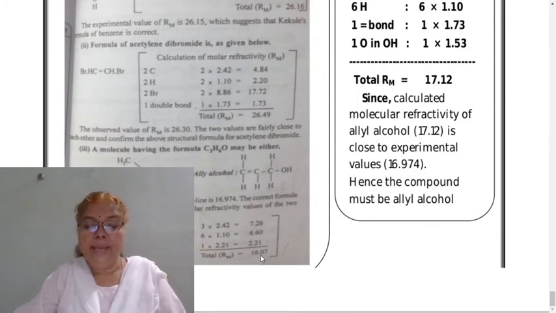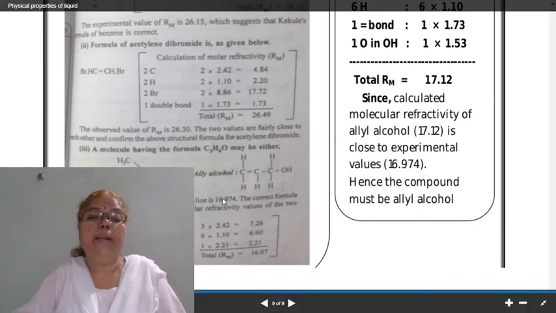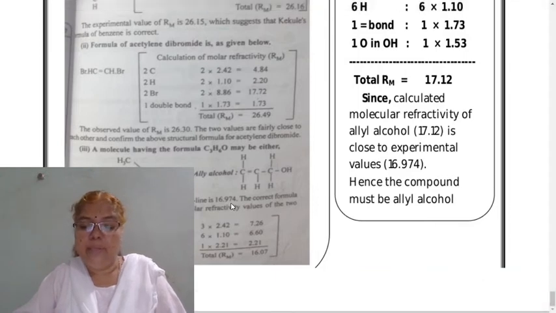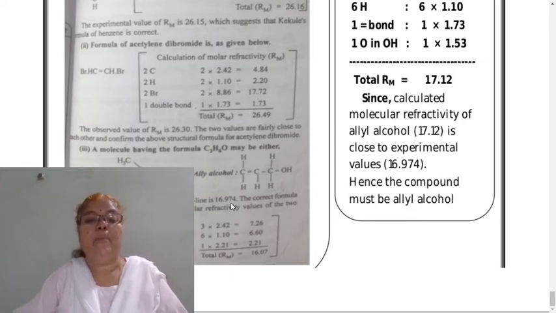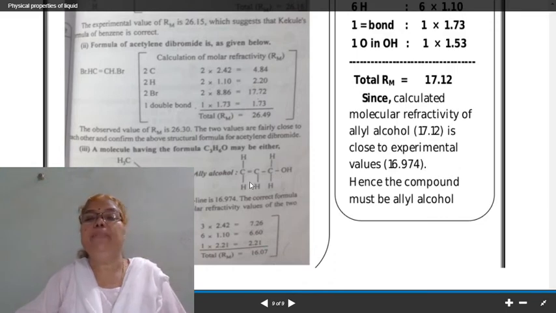Here the experimental value is 16.974, and therefore the compound must be allyl alcohol rather than acetone, because the calculated value and experimental value of the allyl alcohol, these two values are quite similar or the same.